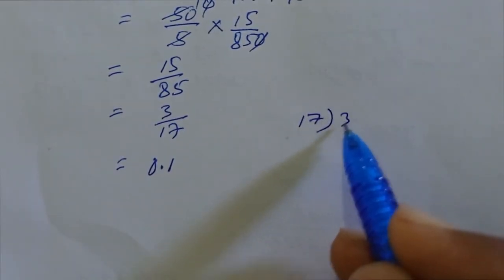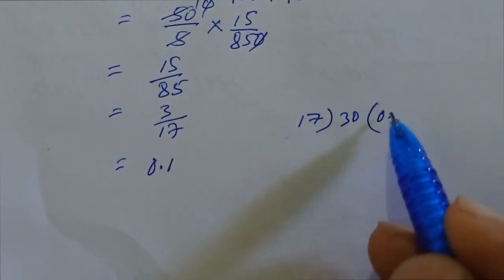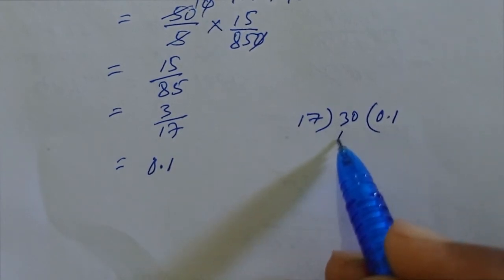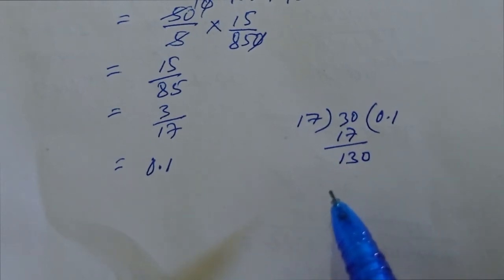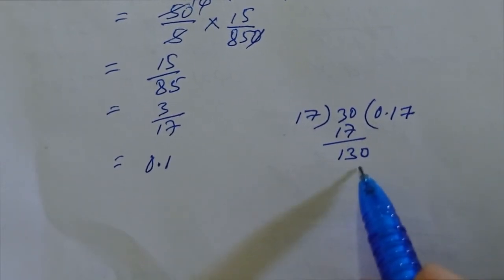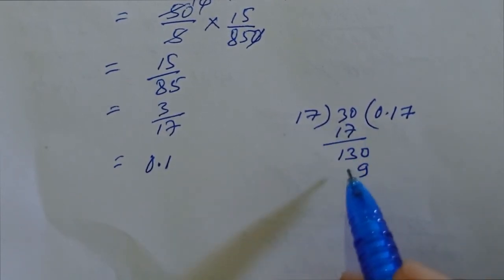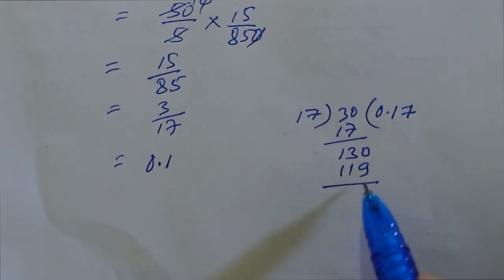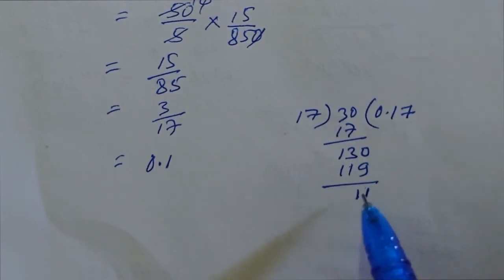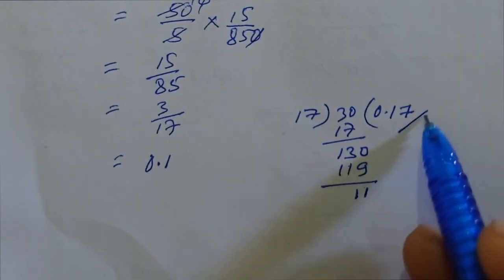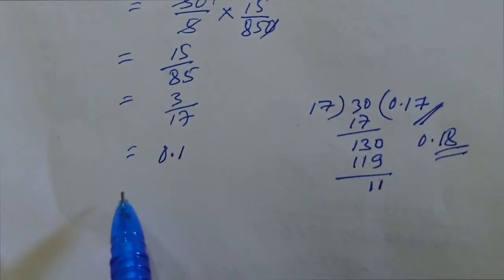Divide by 17, and you get 0.176, and you can either write 0.18.